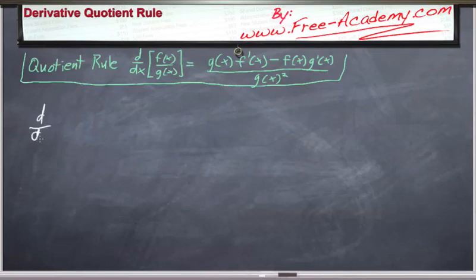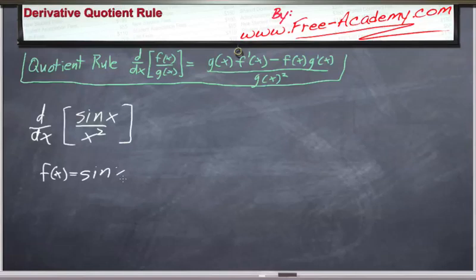Let's find the derivative with respect to x of sine of x divided by x squared. In this situation, we will assign f of x to equal sine of x, and g of x will equal x squared.